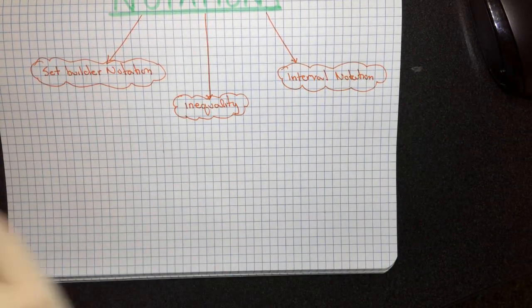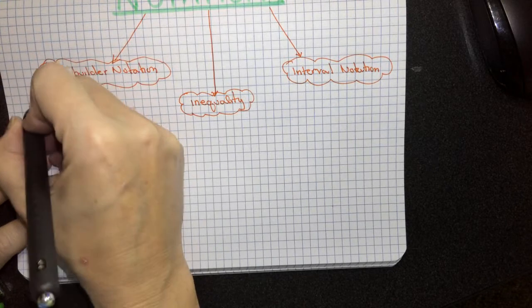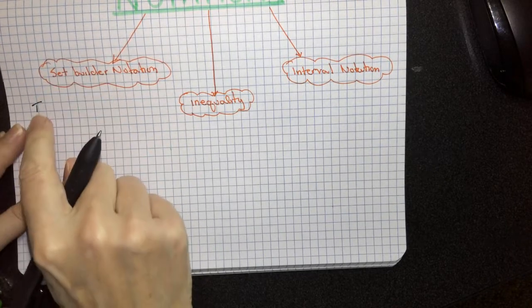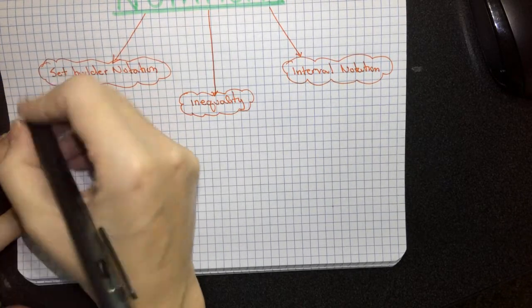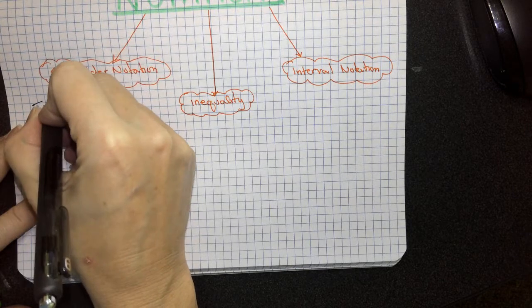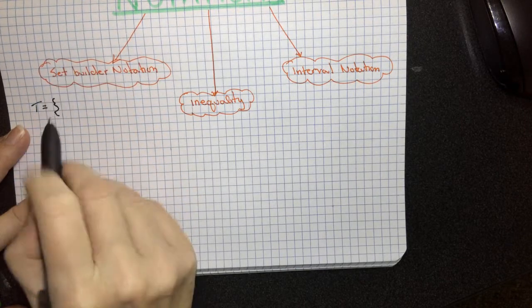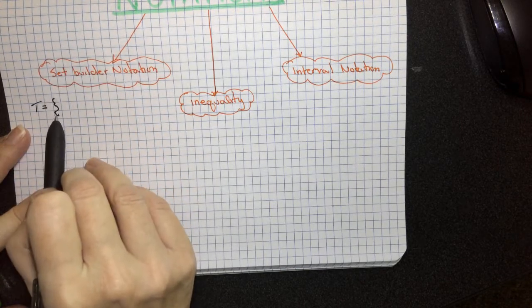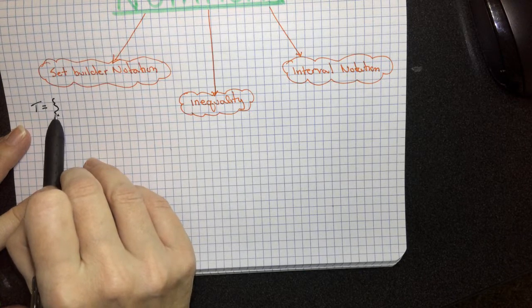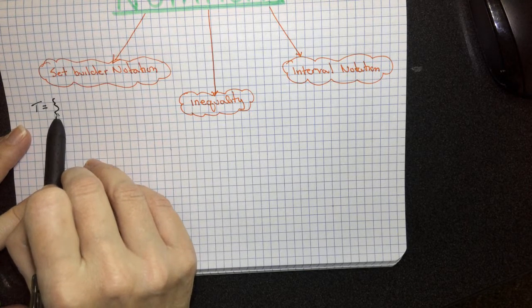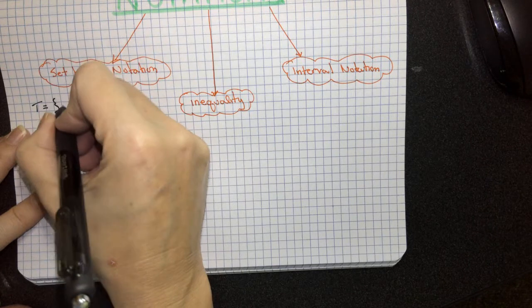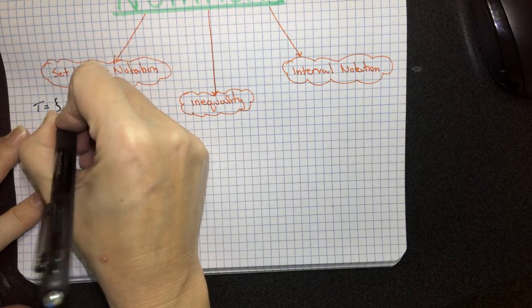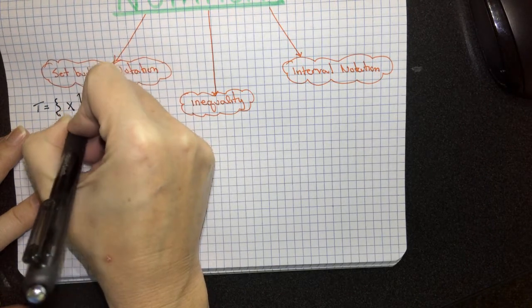So set builder, what does this guy look like? So you may see something like, maybe that's time in seconds. I don't know what we're using it for. I use set builder notation as my ugly squiggle bracket, and it will be the ugliest thing you see me draw easily. So I'm going to start with a squiggle bracket. I'm going to use a variable, and in this case I'm going to use x. I'm going to draw a bar.